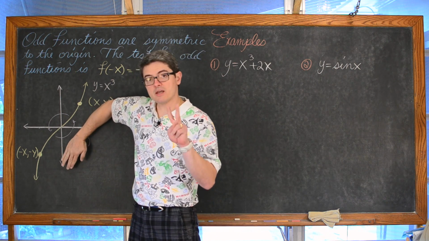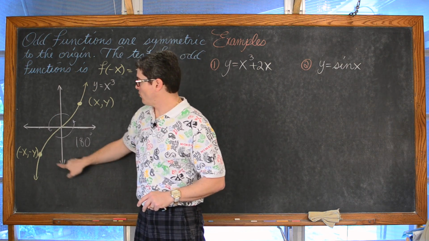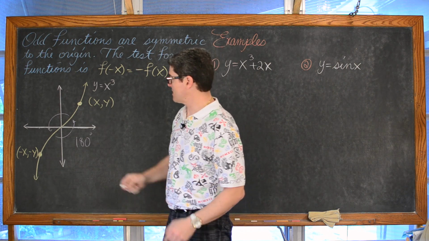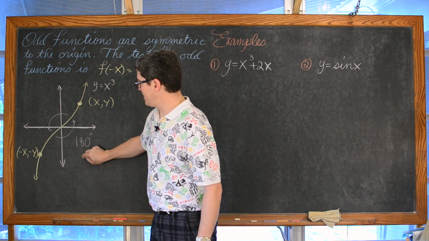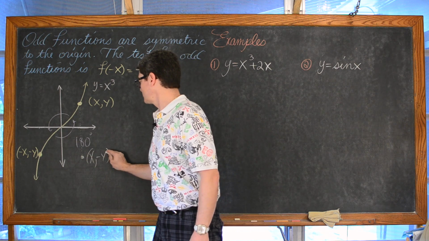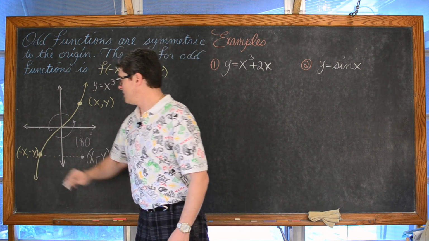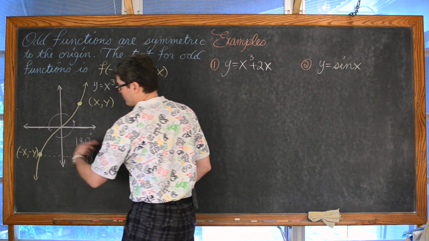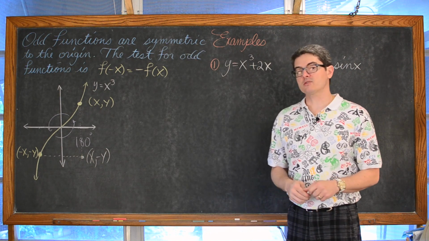And then you do a second reflection where you take that and reflect it over the y-axis, and you end up with your opposite x, opposite y, or negative x, negative y. So you can think of it again as two reflections, one over the x-axis, and then a second taking that over the y-axis, finally landing you at the point negative x, negative y, because when you reflect over the y-axis, like we talked about in the previous screen, you change the sign of the x-coordinate.